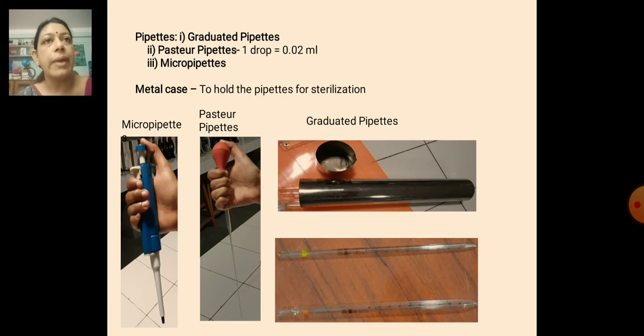We take the entire metal case and put it for sterilization. While doing sterilization, remember the pipette is plugged or blocked with cotton plugs here on the top. Even for the pass-through pipette, we put the cotton plugs.